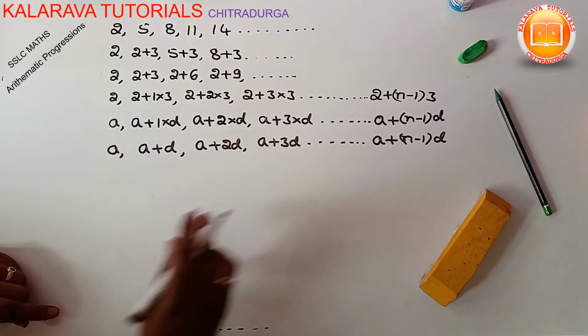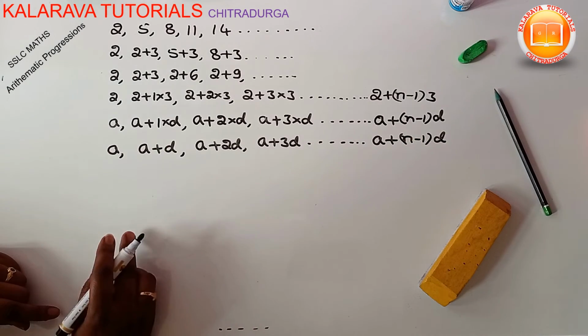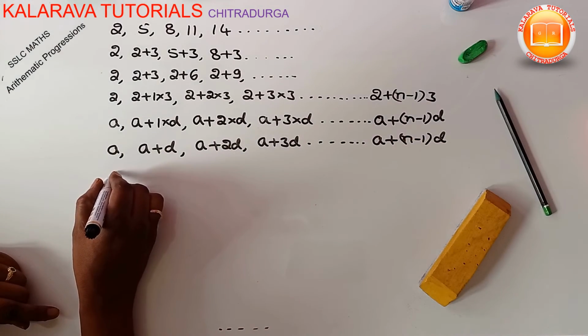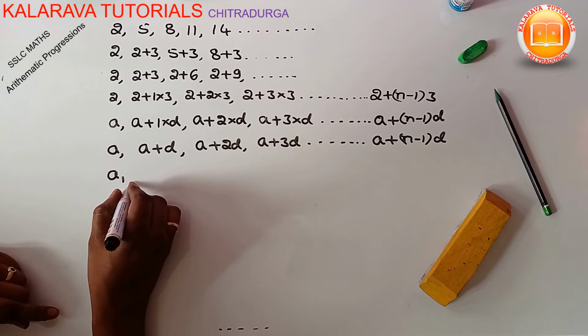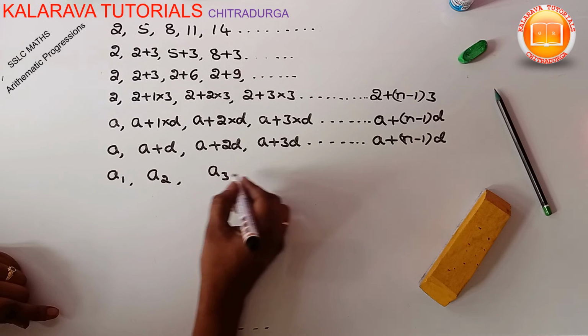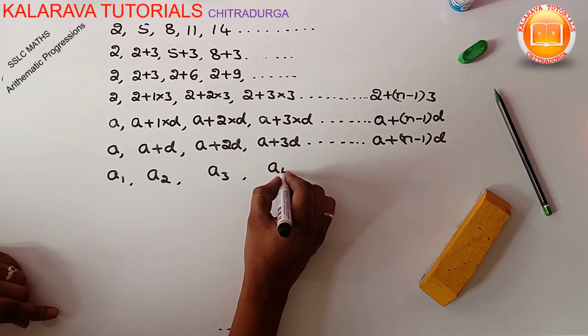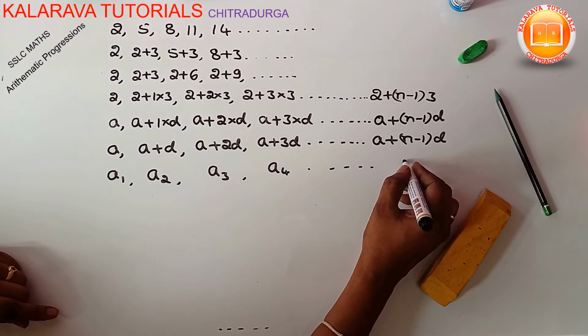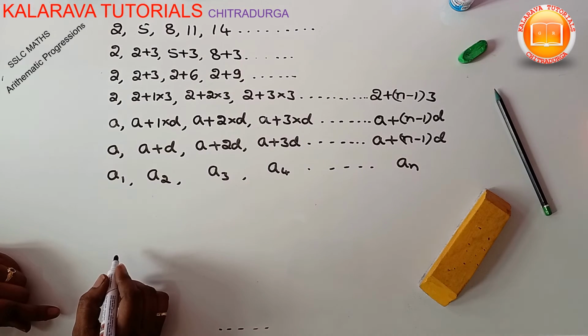This is the nth term of the arithmetic progression. Here we take the first term as a1, the second term as a2, the third term as a3, the fourth term as a4, and so on. The nth term we take as an.